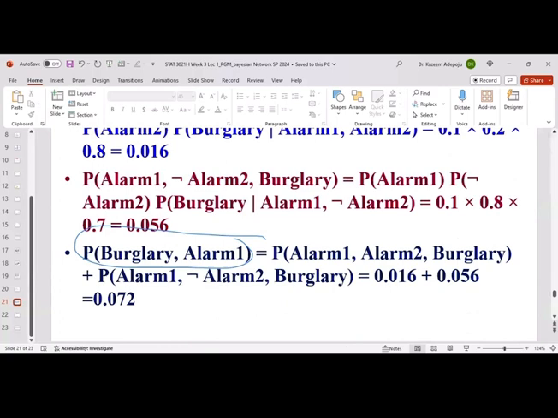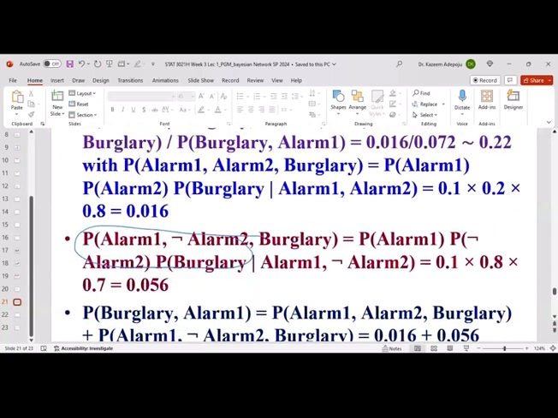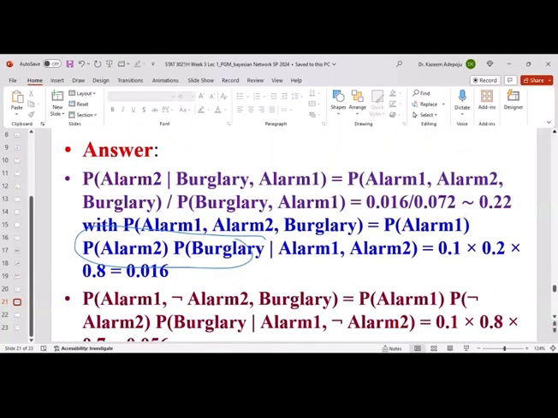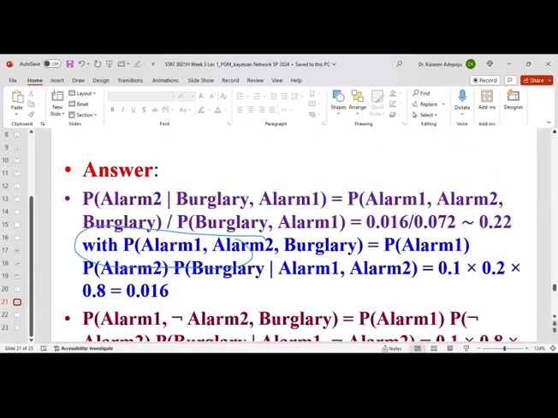The denominator to the question that we want to find, can you see it here? This denominator is a total probability. Why is the denominator a total probability? When I want to find total probability, is there any alarm 2 here? We're going to consider total probability where alarm 2 is observed and when alarm 2 is not observed. That is the reason why I'm doing that.